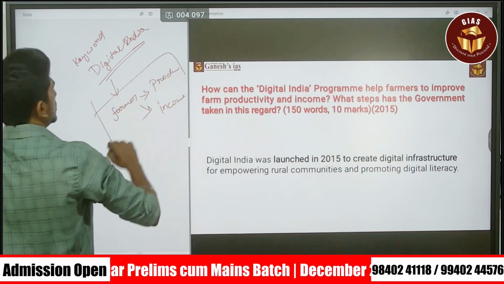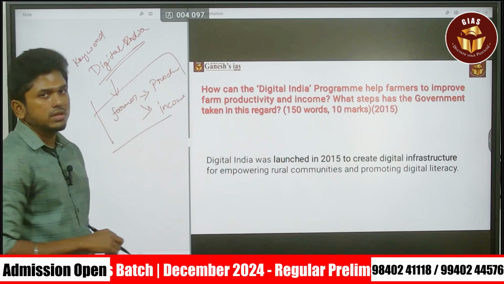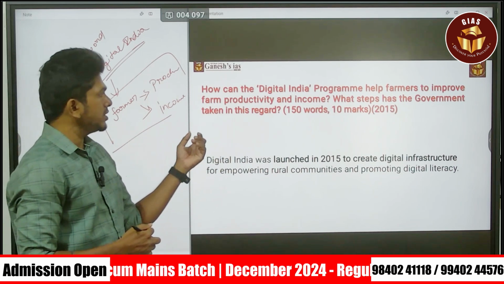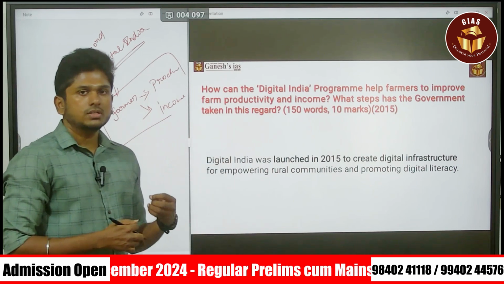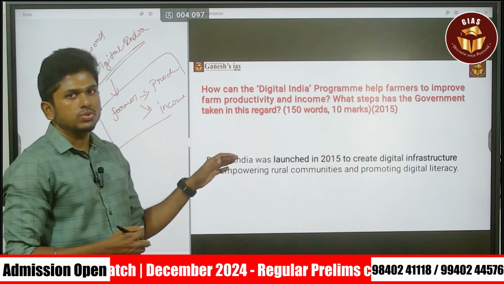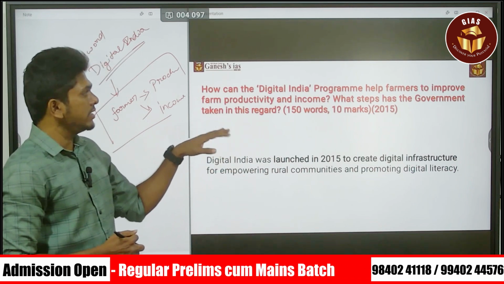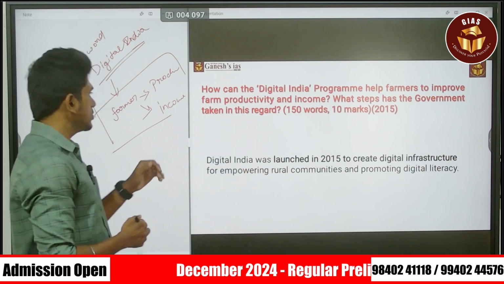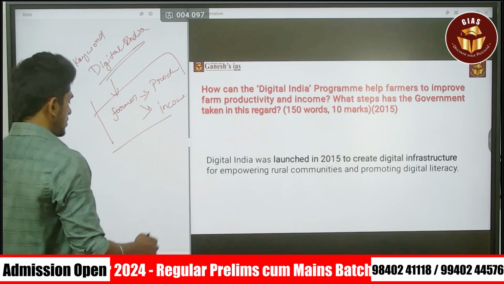So these are the major things the question is asking. And it is also asking about steps taken by the government in this regard. So what steps did the government take to overcome these issues related to productivity and income by using this Digital India program? Okay, so these are the questions asked.